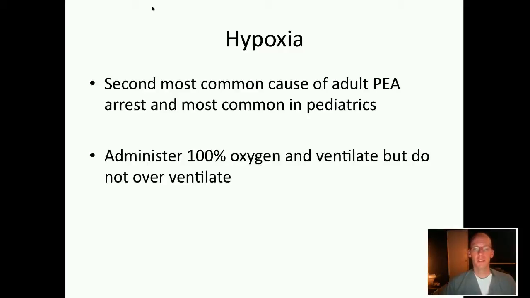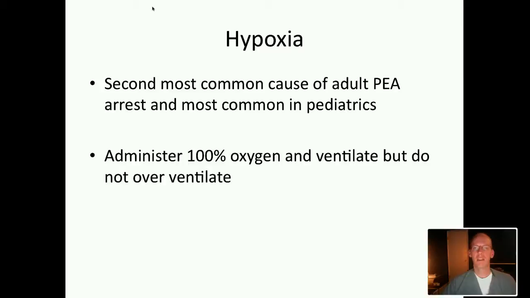The treatment for this is obviously you're going to administer 100% oxygen and start ventilating the patient. But if you're in an arrest situation, you can't overventilate. So you've got to appropriately oxygenate, appropriately ventilate, but don't overventilate. Once again, shooting for about 8 to 10 breaths per minute.